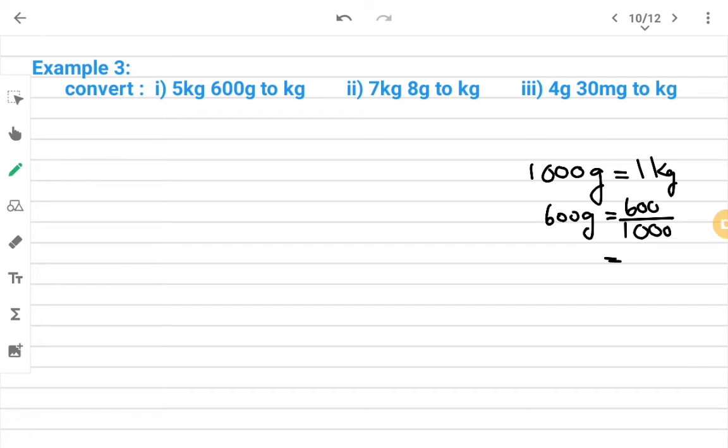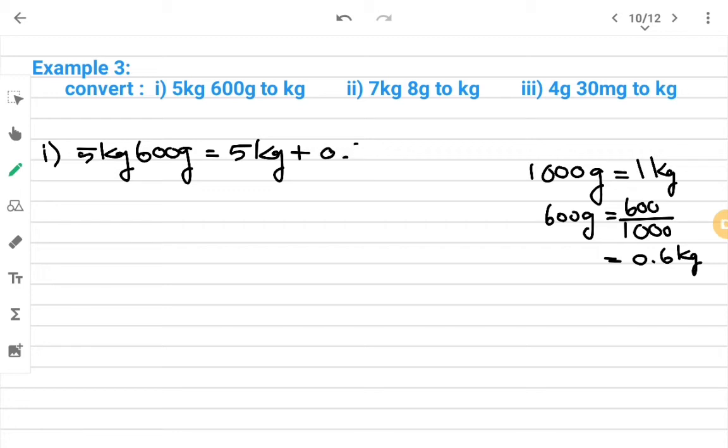You will get 0.6, because there are 3 zeros, so I am moving 3 decimal places towards the left. I will get 0.6 kilogram. Now here they have given 5 kilogram and 600 gram. 5 kilogram stays as it is. So 5 kilogram plus 600 gram can be written as 5 kilogram plus 0.6 kilogram. While you are adding these two, you will get 5.6 kilogram.